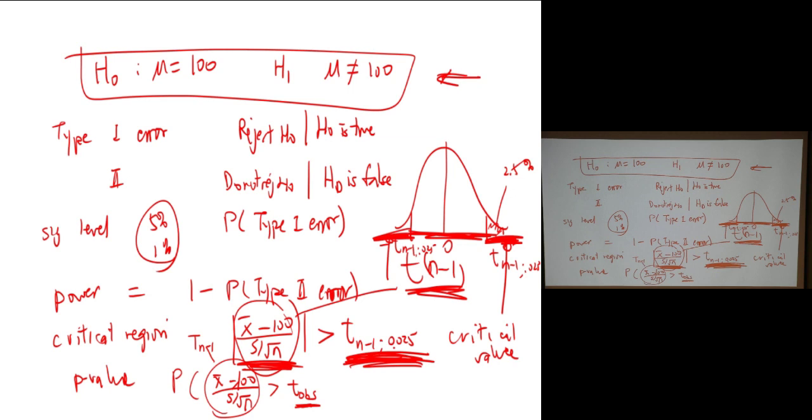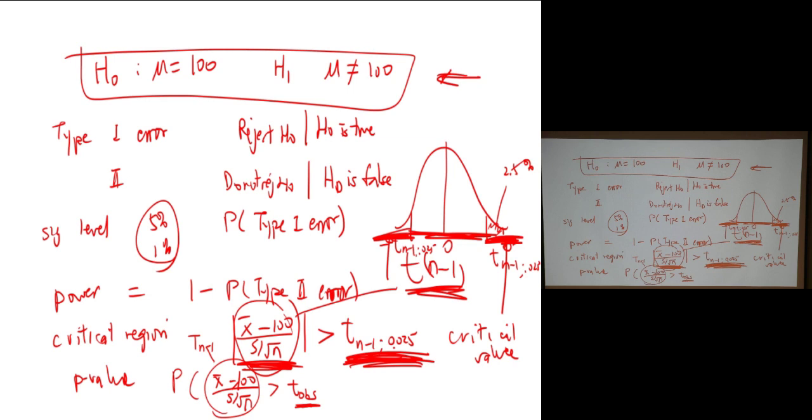This t observed is basically x bar minus 100 over s over root n. But the x bar and the s, now we calculate based on the sample. Or I can say it's a realization of the random variables x bar and s. I hope you are not confusing these two things.